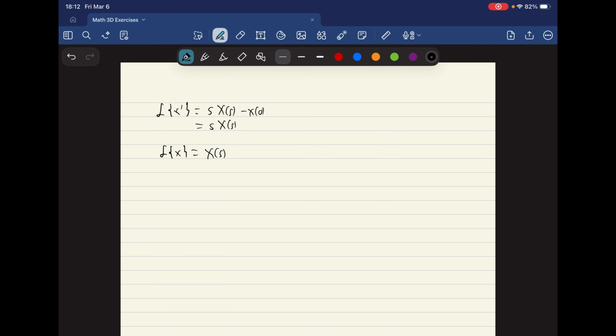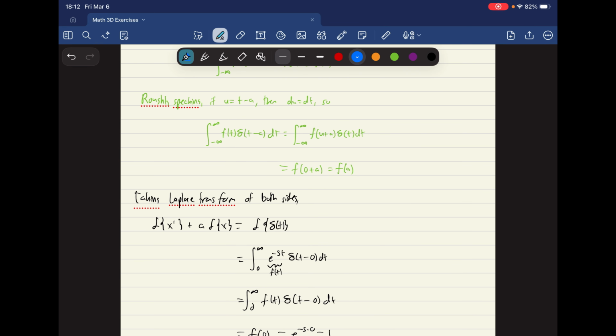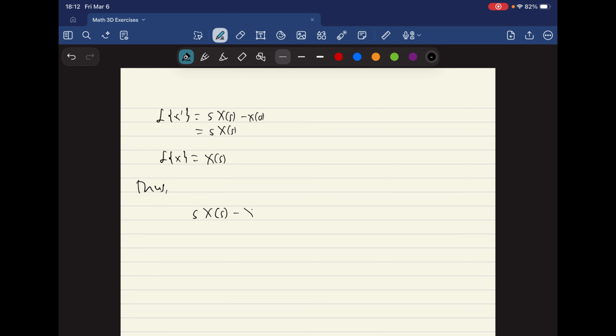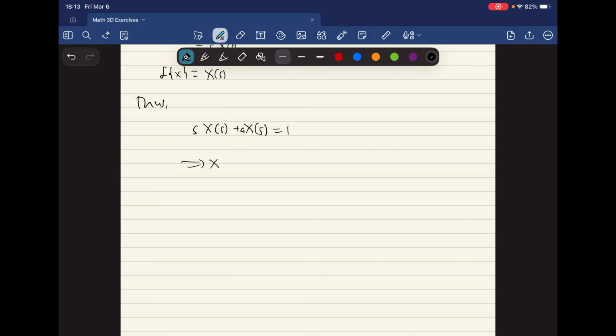And so, from our previous work, we're going to have this equation right here. And once again, the right side is equal to 1 from what we just calculated. So what we get is that this plus a times X of s is equal to 1, which implies that capital X of s is equal to 1 over s plus a.